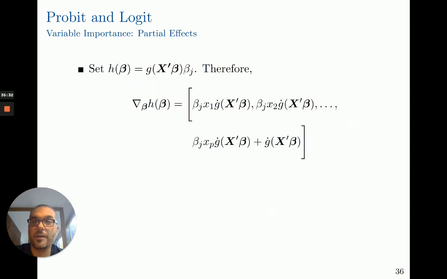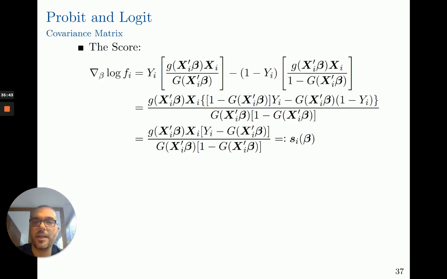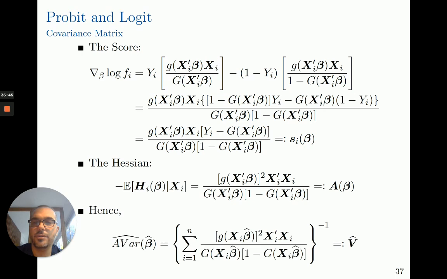When applied to our partial effects, I'm going to skip all these details and move to the bigger picture.